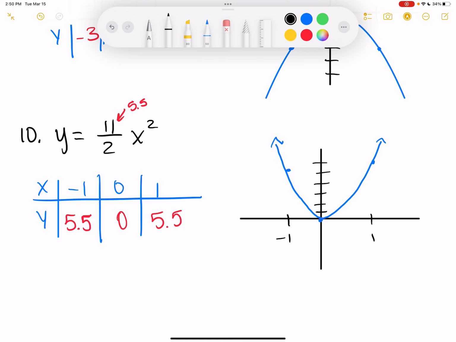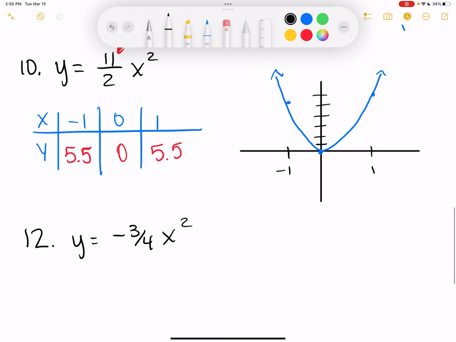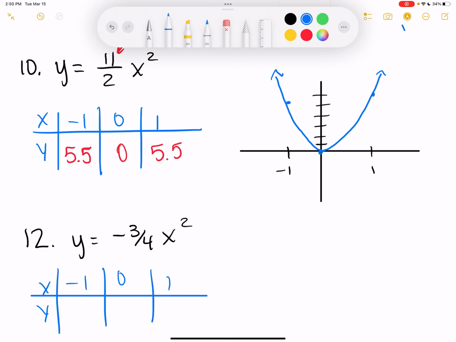All right, one more of this type. Y is equal to negative 3/4 x squared. X, Y, negative 1, 0, 1. When x is negative 1, we get negative 3/4. The decimal is 0.75, but as long as you know it's less than 1, it doesn't matter. When I plug in 0, we get 0.